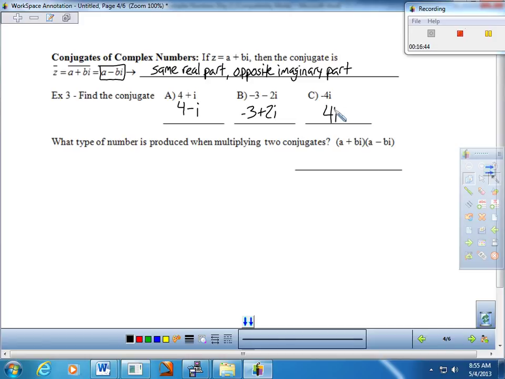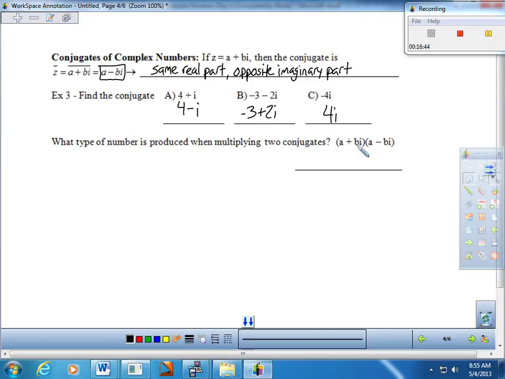But now, let's come back, and I need you to think a little bit more deeply and read the question. It says, what type of number is produced when multiplying two conjugates together? So if you need to be concrete about this, create a couple conjugates and FOIL them. But I would ask you, what happens when you multiply two conjugates together?